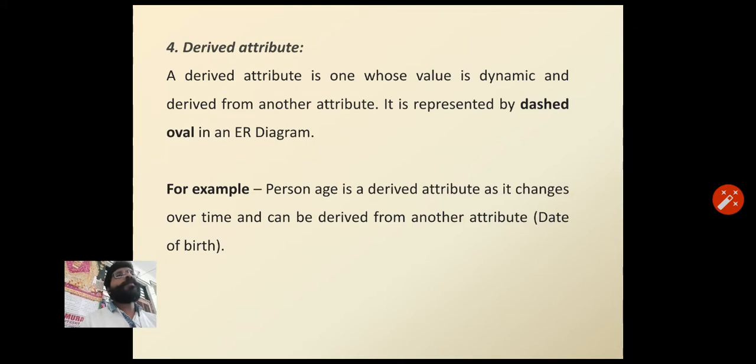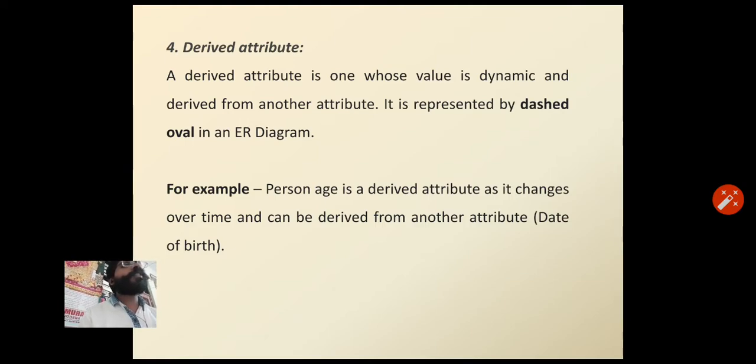Fourth, derived attributes. A derived attribute is one whose value is dynamic and derived from other attributes. It is represented by a dashed oval in an ER diagram. For example, age is a derived attribute. Why? Because it is derived from the date of birth of a person. So, age is a derived attribute.